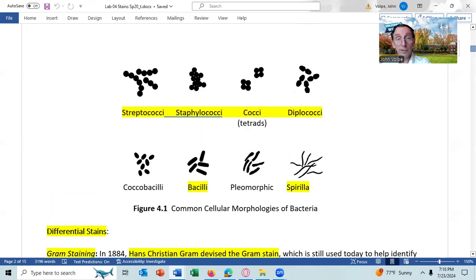Now, don't be confused, because I talked about shape, cocci, bacilli, and spirilla, and then I also talked about the cellular growth arrangement, which would be the singlets, the diplococci, the tetrads, the sarcinae, staphylococci, and streptococci.